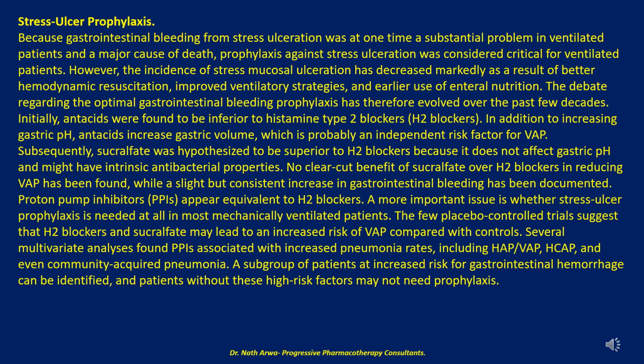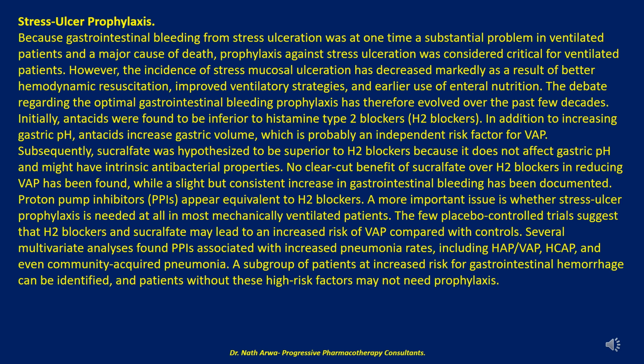No clear-cut benefit of sucralfate over histamine type 2 blockers in reducing ventilator-associated pneumonia has been found, while a slight but consistent increase in gastrointestinal bleeding has been documented. Proton pump inhibitors, abbreviated as PPIs, appear equivalent to histamine type 2 blockers.